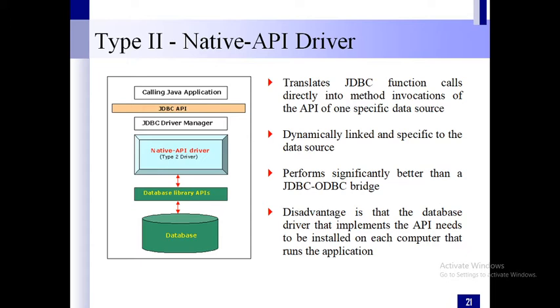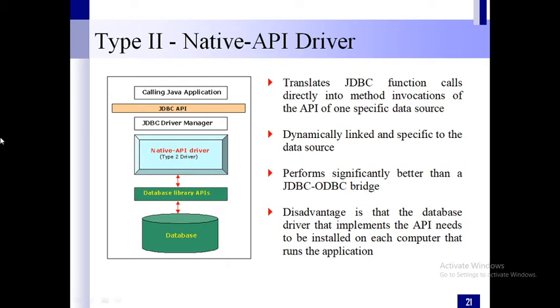So here it translates JDBC function calls directly into method invocations of the API of one specific data source. Here there is a direct translation from the system calls of your application to the database specific function calls.